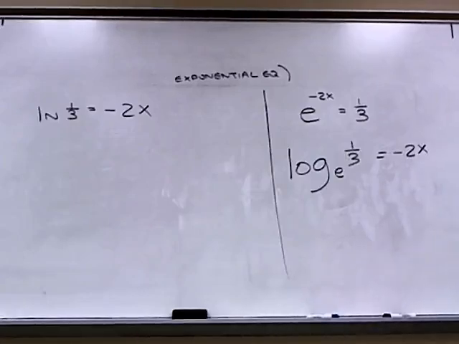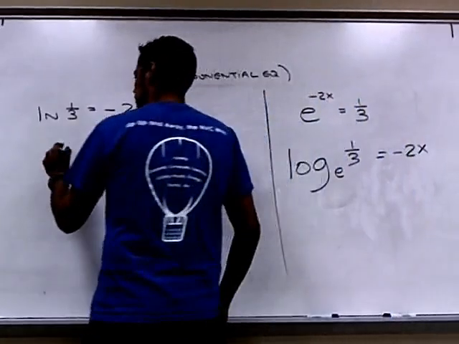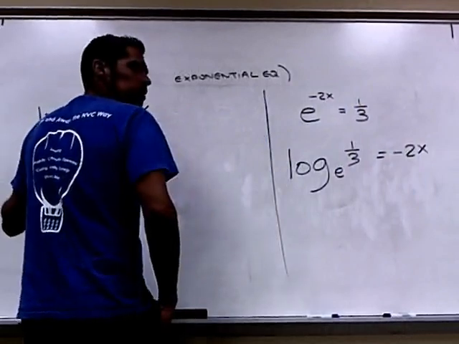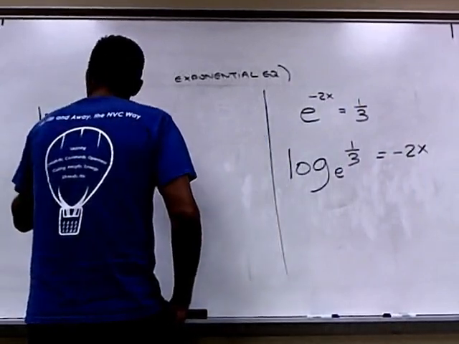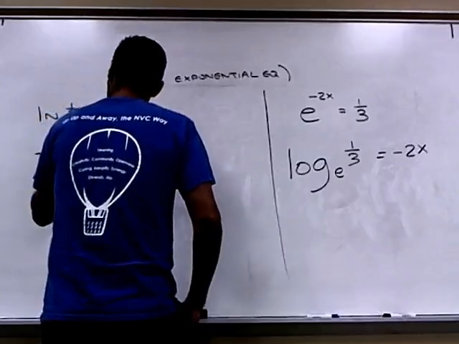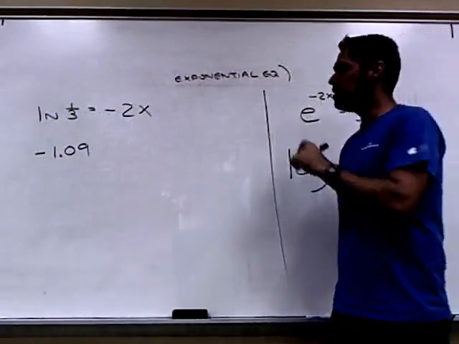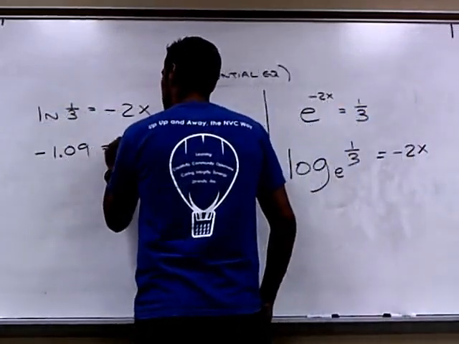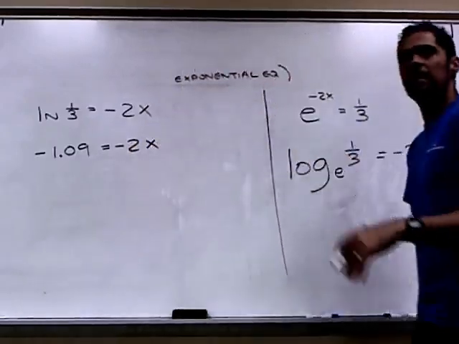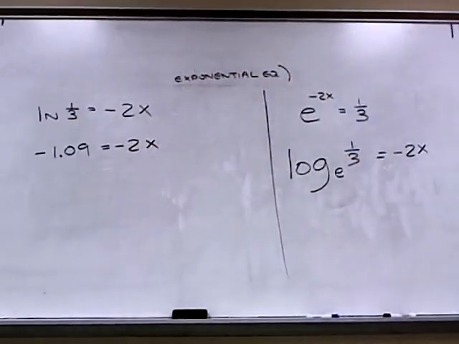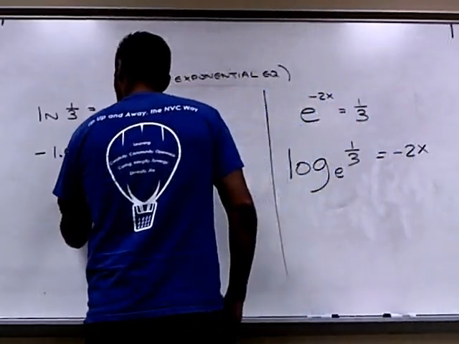All right. So what did you get on the left? Negative what? Negative 1.09. How many got something like that? Okay. And then the other side of the equation is just negative 2x. So now just divide both sides by negative 2 and you're done. What did you get? 0.55, positive, right?